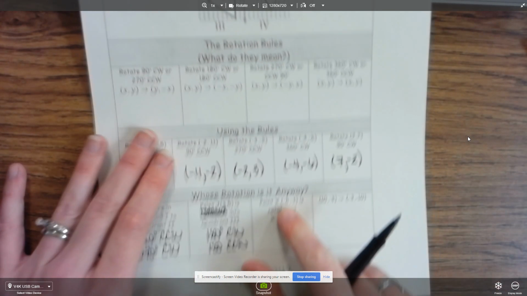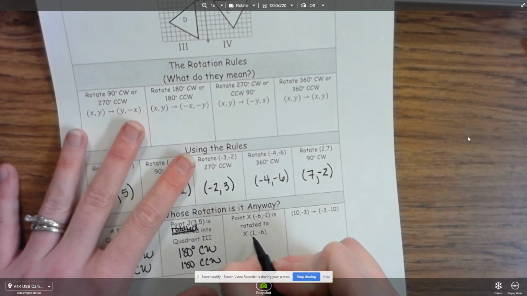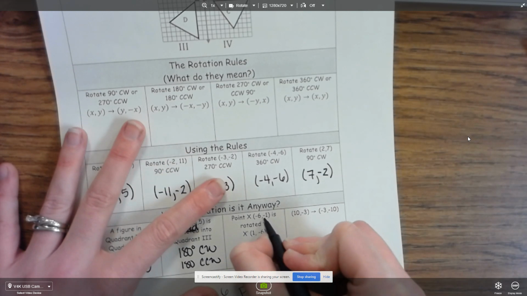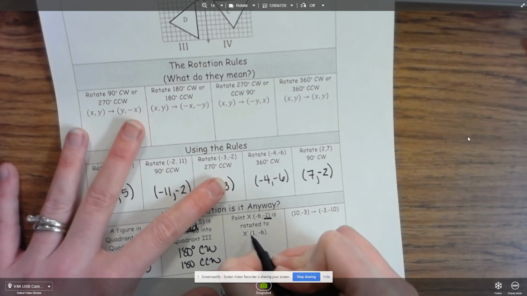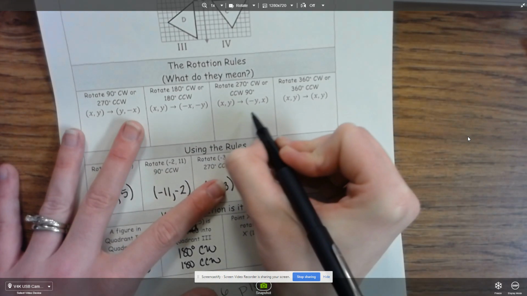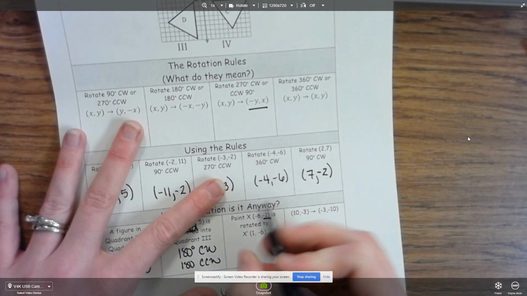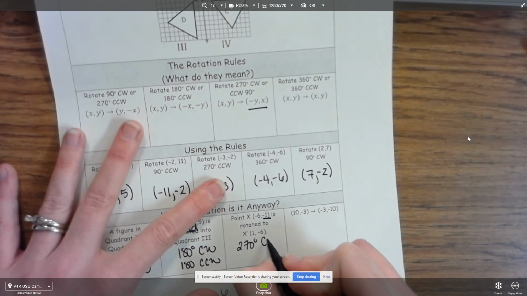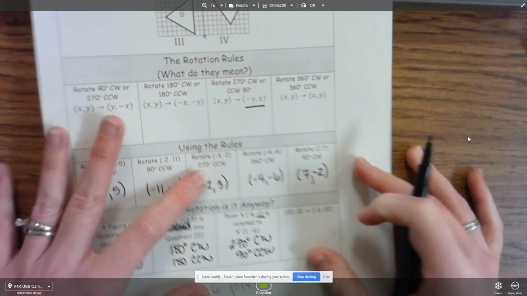All right, point X is -6, -1. And so here we can use the rules. So what I've done is I've rotated it to 1, -6. So I've taken the Y and I've made it the X, and then I've changed the sign. And so that would be this rule here. Clockwise, counterclockwise.